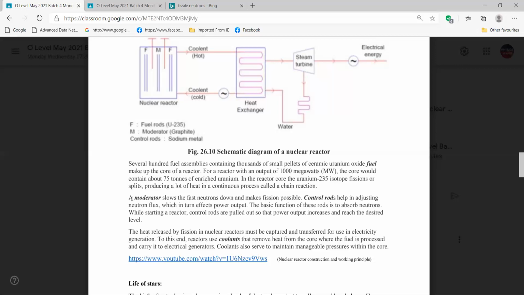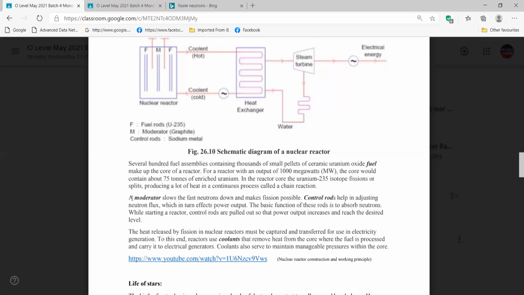We need a specific speed of the neutrons so that they can be absorbed by uranium. Is it clear? This moderator is slowing down the neutrons.